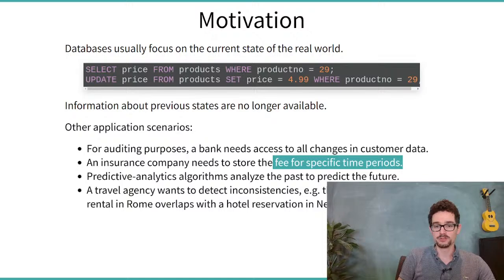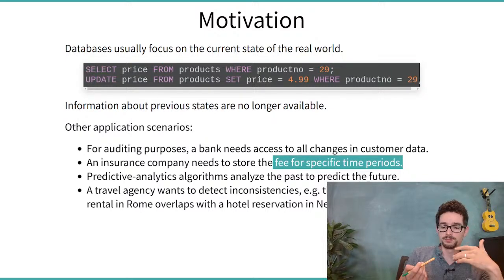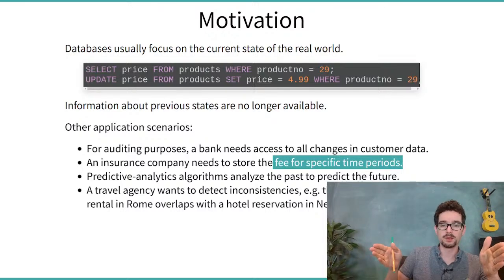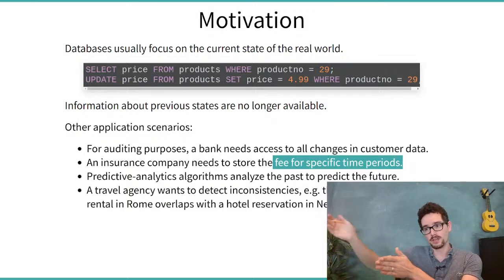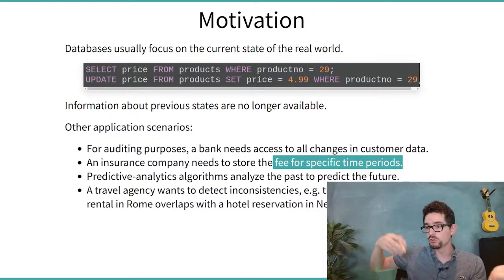He used a voucher code. Yeah, from this point in time to that point in time, the insurance fee is 80, and from that point in time to that point in time, that can be in the future or in the past, it is $70 or $90.